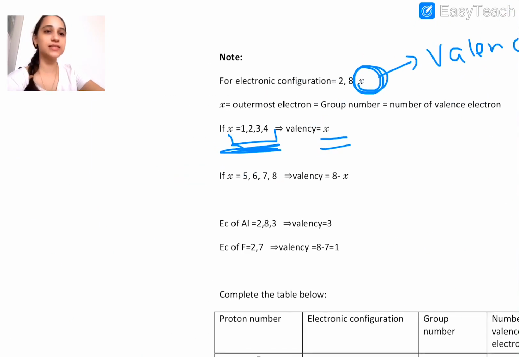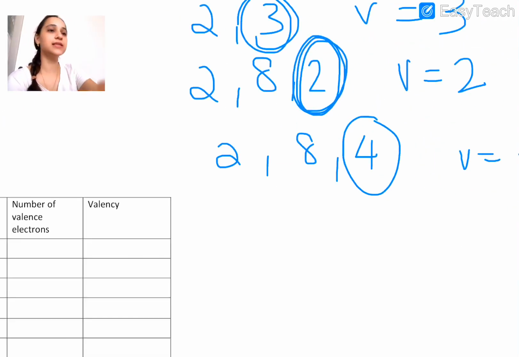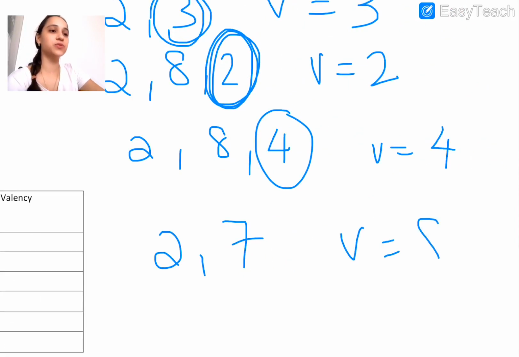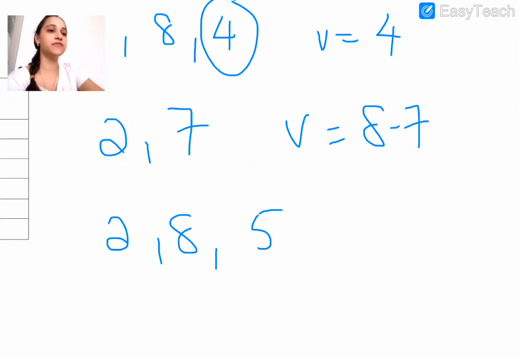So in the case where X is greater than 4, so 5, 6, 7, 8, valency is 8 minus the outermost shell. Okay, so let's say you have 2, 7, then valency would be equal to 8 minus 7. If you have 2, 8, 5, then valency would be 8 minus 5.